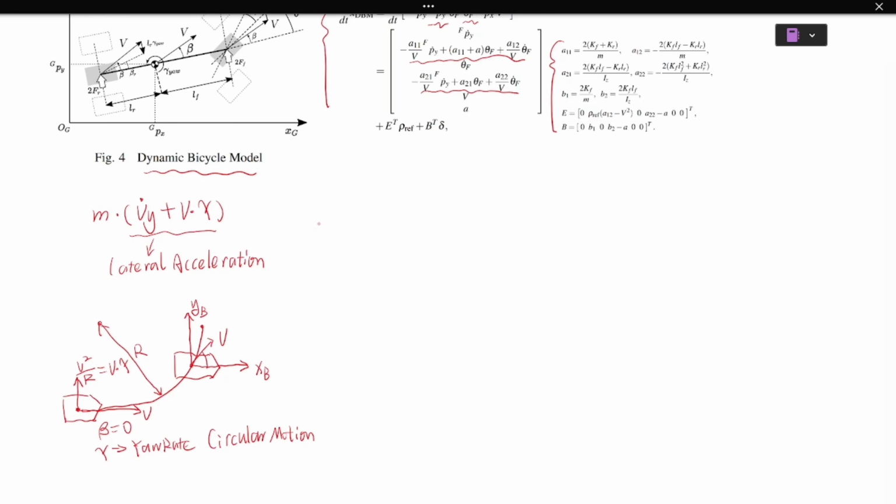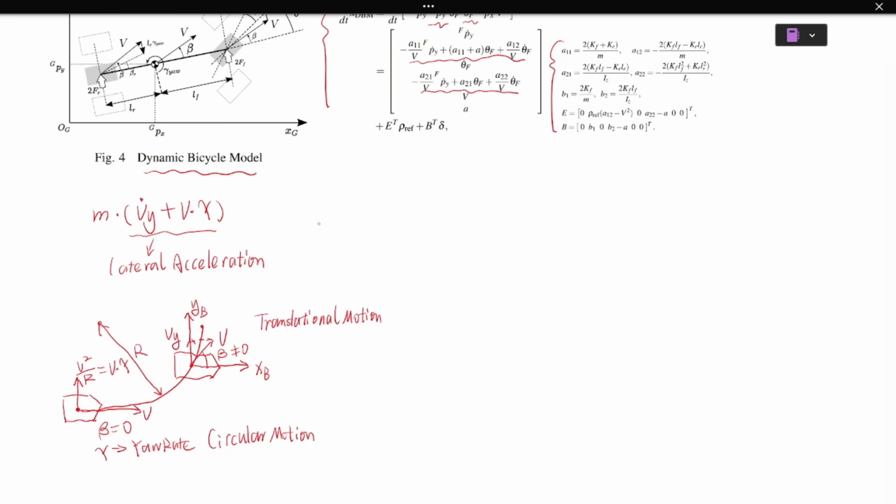So this is the slip angle. This is not 0. And the projection of the speed v on yb axis is vy. So this is called translational motion.